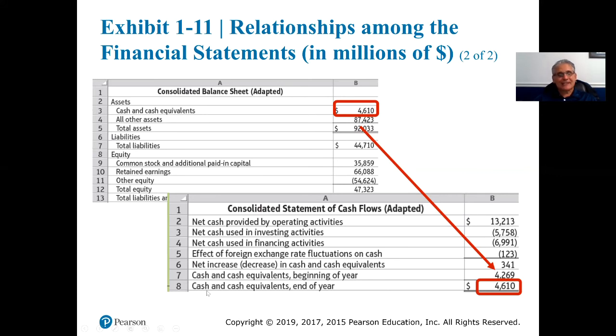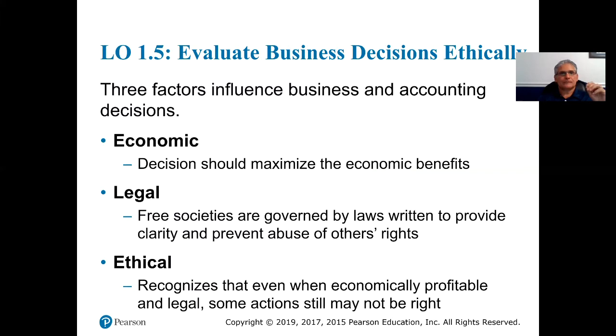At the end of the statement of cash flows, it shows what the cash and cash equivalents amount is at the end of the year, 4,610,000,000. Another way of demonstrating that even the statement of cash flows is interrelated with all the other financial statements.